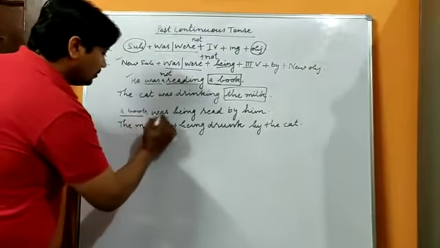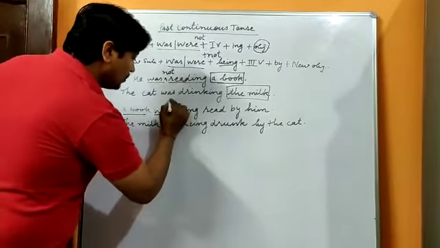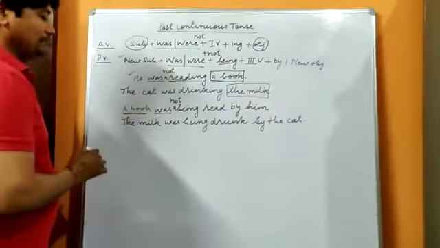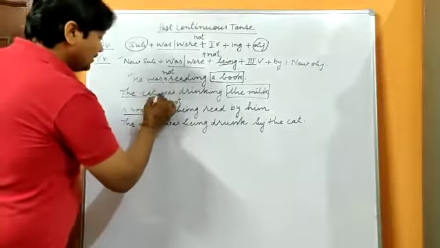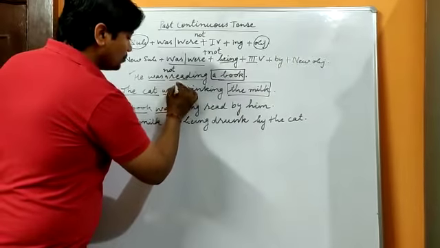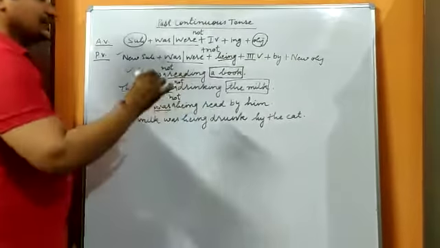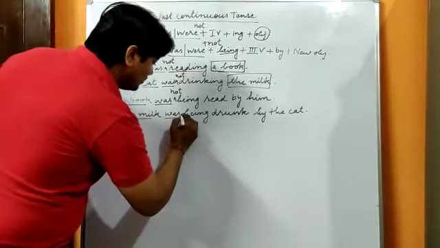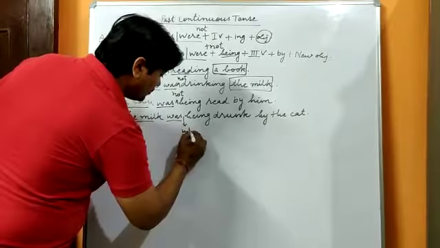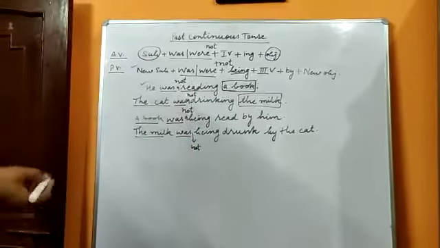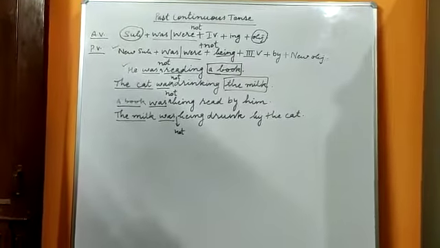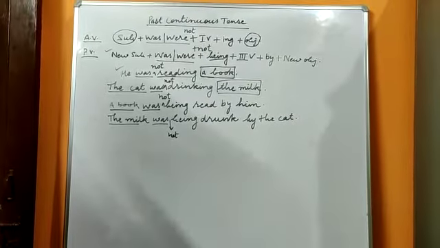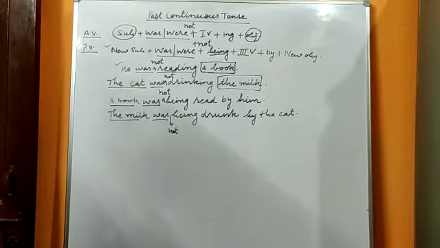A book was, here use not, being read by him. If I say the cat was not drinking the milk, then the milk was not being drunk by the cat. So in this way you will change the negative sentences of past continuous tense into passive.